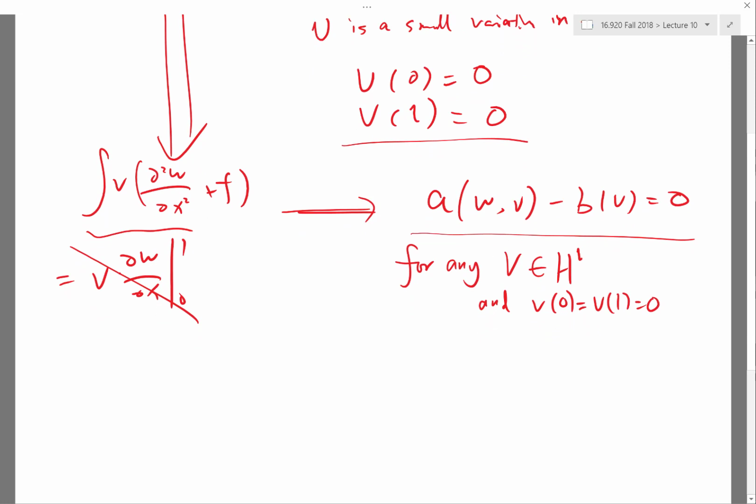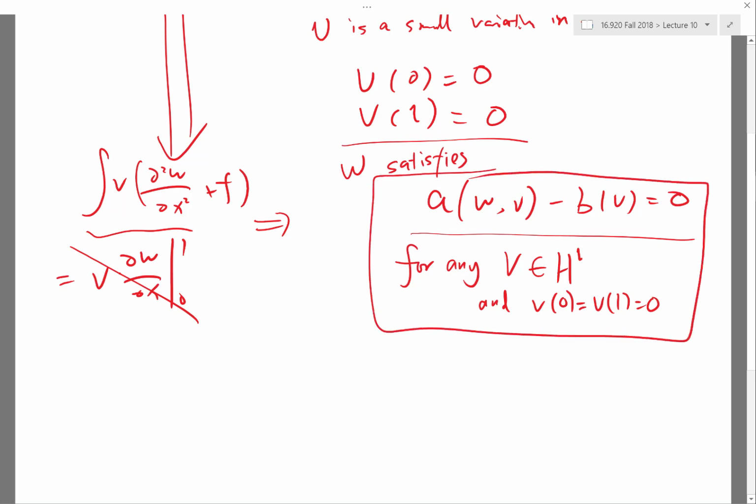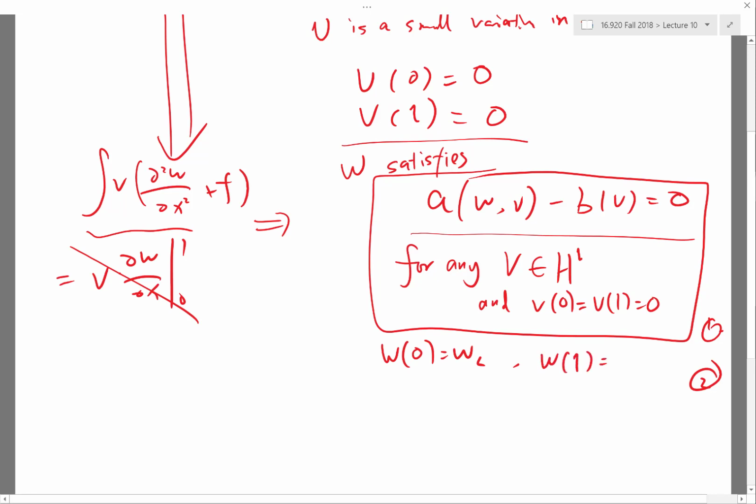So the solution W, let me state it fully, satisfies this condition. This is condition 1, and condition 2 is the boundary condition: W0 equal to WL, W1 equal to WR.